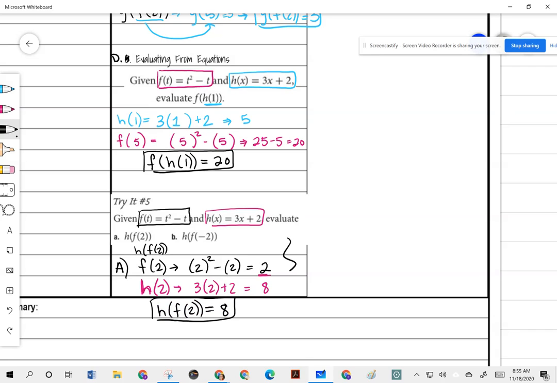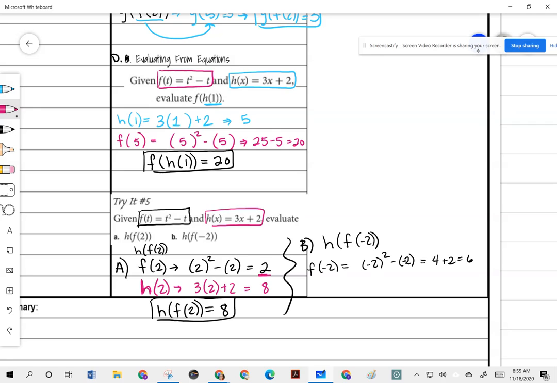All right, so now let's try B. So we are supposed to be evaluating h of f of negative 2. So let's find f of negative 2 first. So we've got negative 2 squared minus negative 2. Well, that's going to give us 4 plus 2, which is 6.